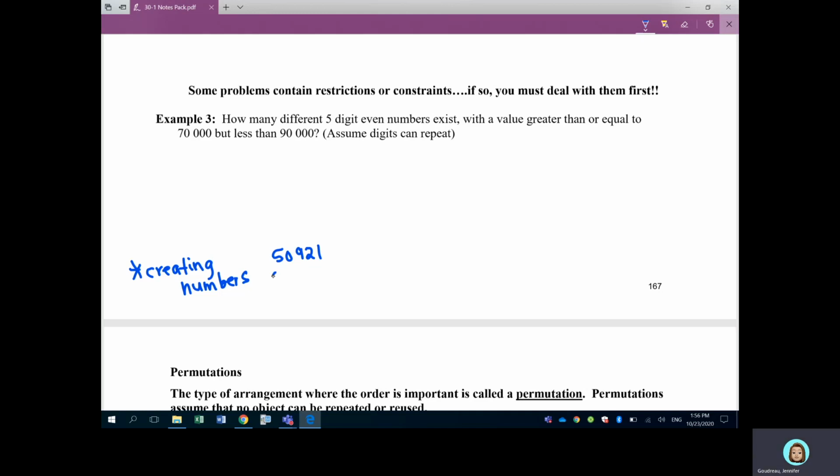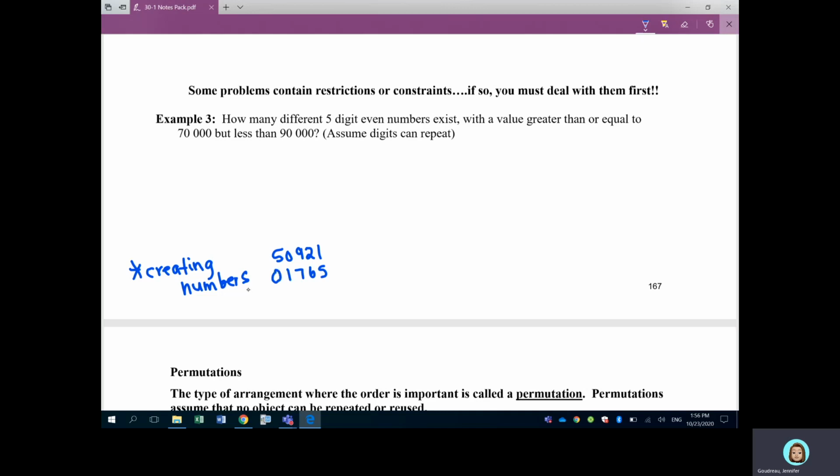Something like this, if I put a 0 first, and then let's say we go 1, 7, 6, 5, that technically is not a 5-digit number. That's just 1,765, which is not a 5-digit number.